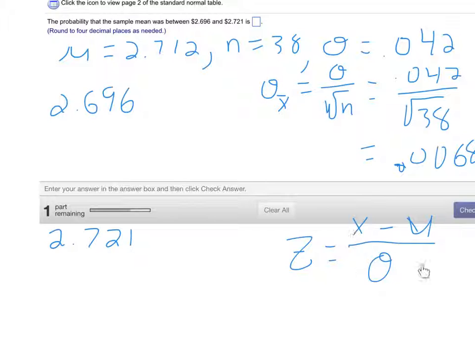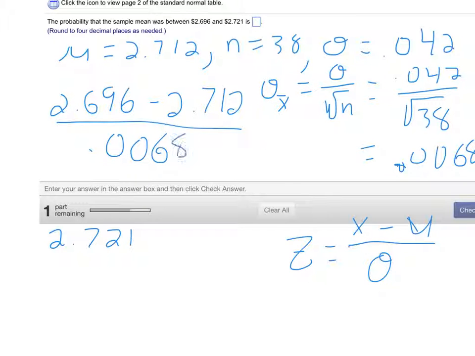where in this case, this is for the population, and we need to do it for a sample, and so we would use this number, and the mean for sample and population are the same. So for the z-score here I need to subtract the mean, and then divide that by the standard deviation for the sample.